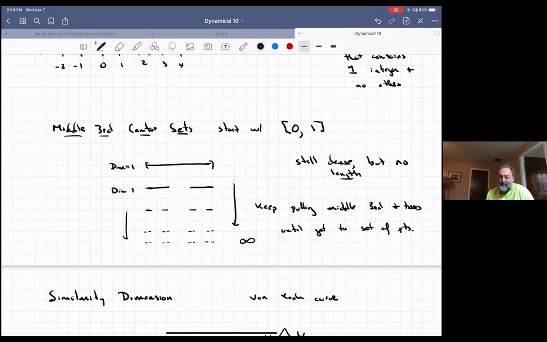Which is just really nuts. That's almost like the Mandelbrot set and the Feigenbaum attractor. You get these things which are just nuts. So there are these connections between these mathematics that make you go, why the hell is this here?